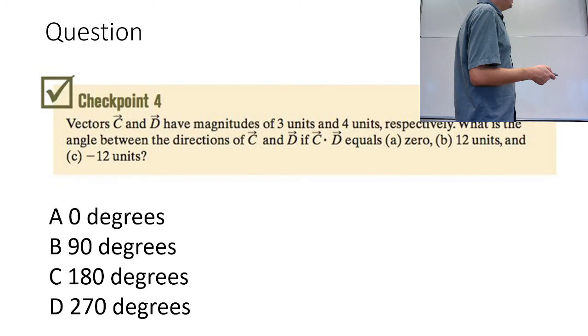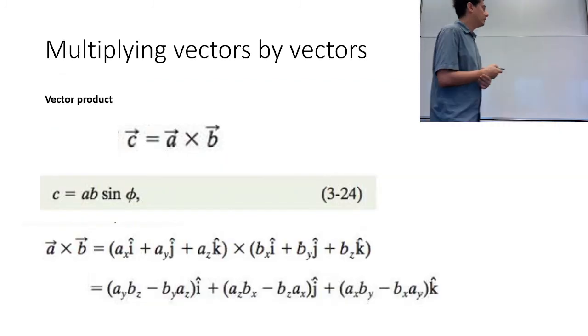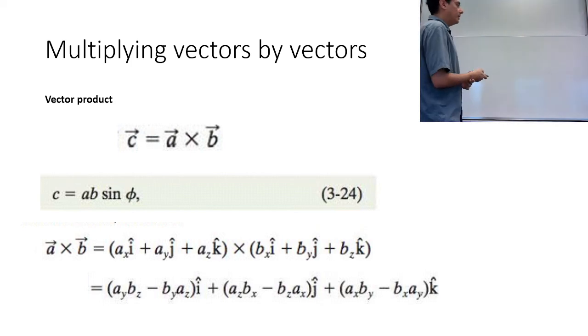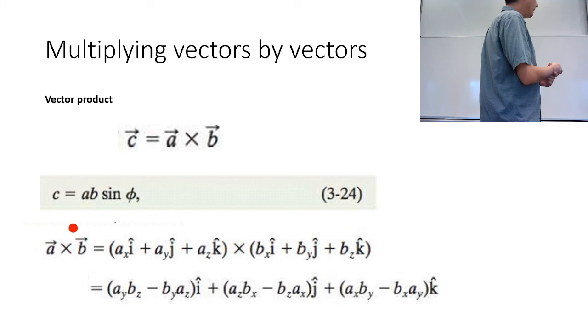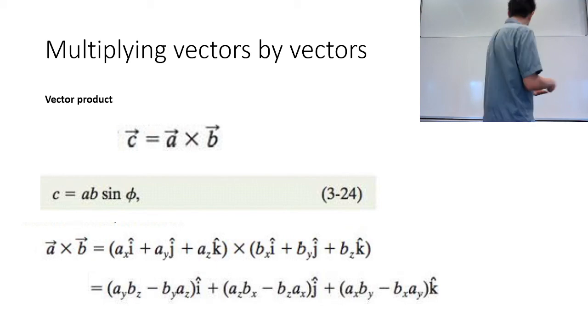And then we were getting on to vector products, and this is what I want to finish off today. Vector products had this pretty curious rule for multiplying 2 vectors. Maybe I'll write it here again.